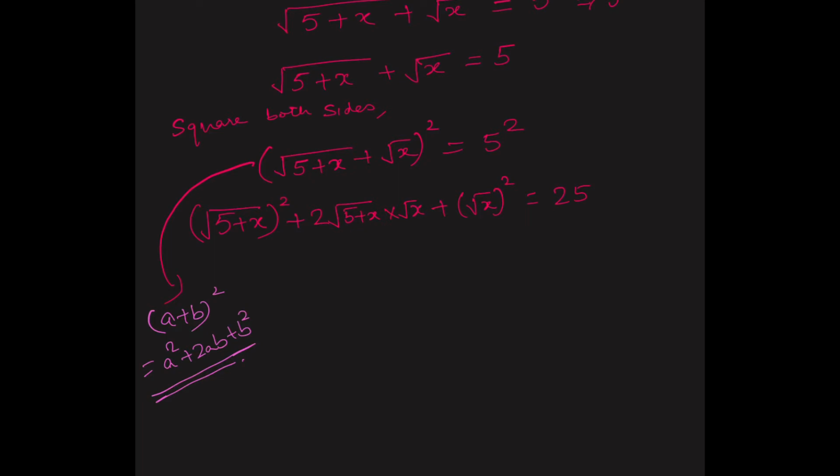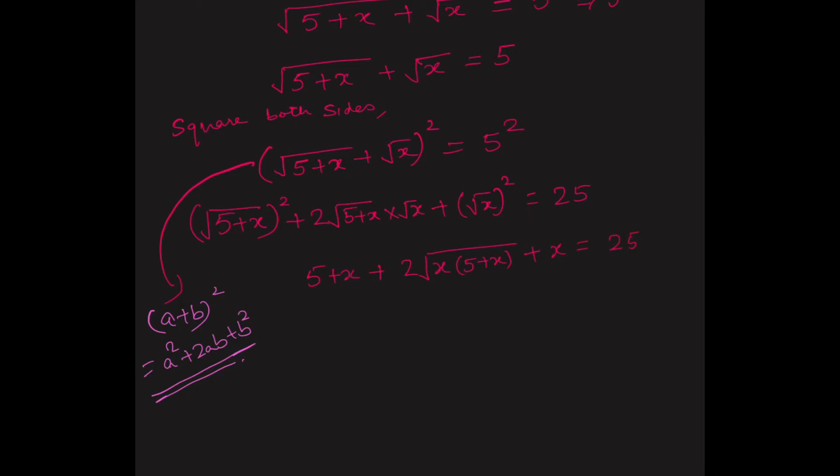All right, so now that we have the equation, let's simplify it further. Square and square root will cancel, so we are left with 5 plus x, plus 2 times the square root of 5 plus x and square root of x. So 2 stays outside, and under the same square root we can have x times 5 plus x in the bracket, plus the square root squared cancels, giving us x.